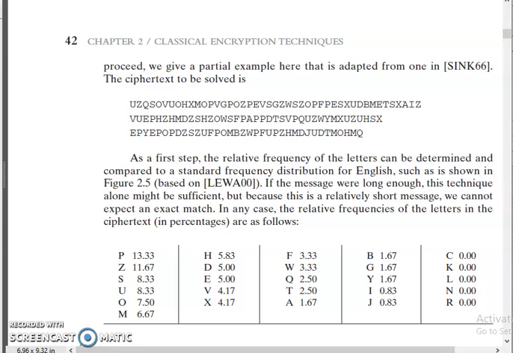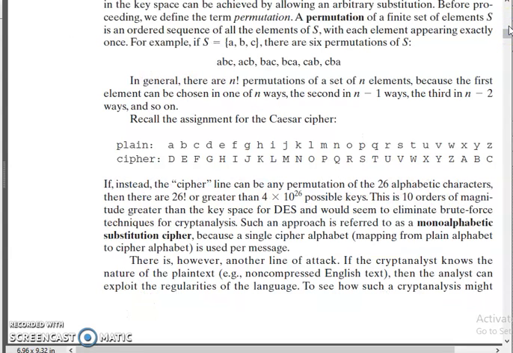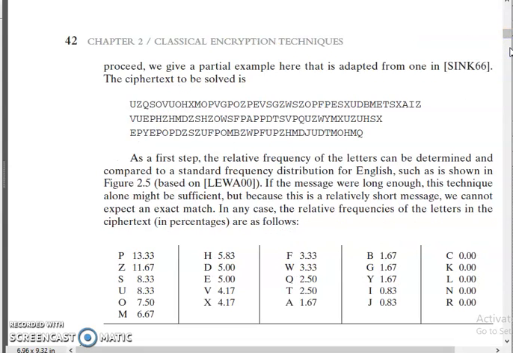So if the cryptanalyst knows the original language, that is non-compressed English, very well, the analyst can easily recover the plain text from the cipher text. To see how such a cryptanalyst might retrieve the plain text from the cipher text, here is an example. This is a small part of the cipher text.